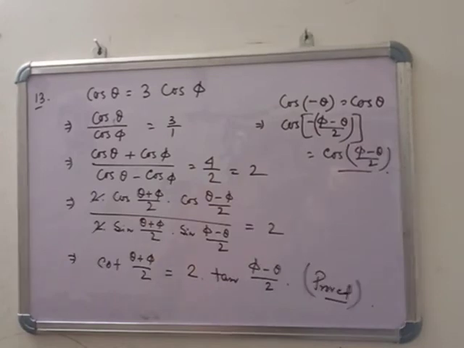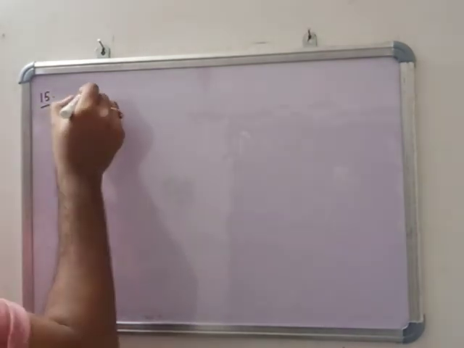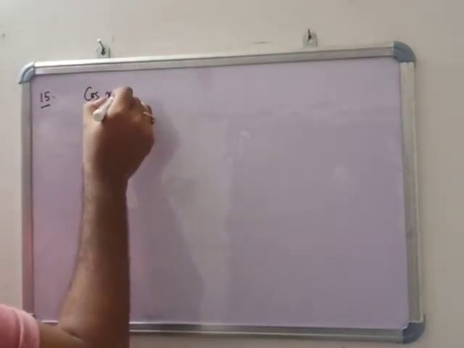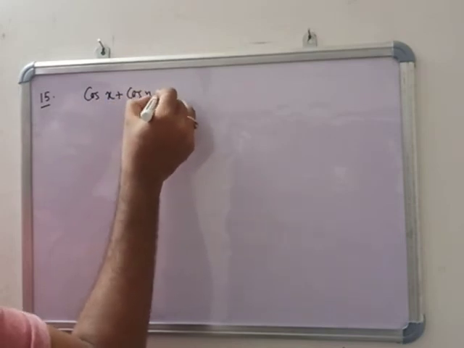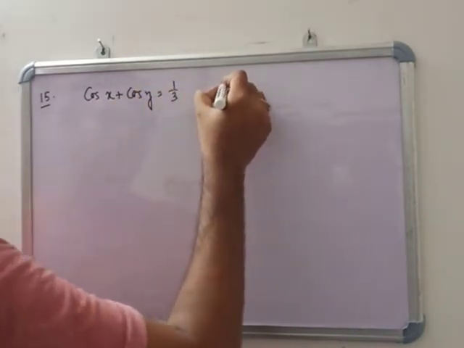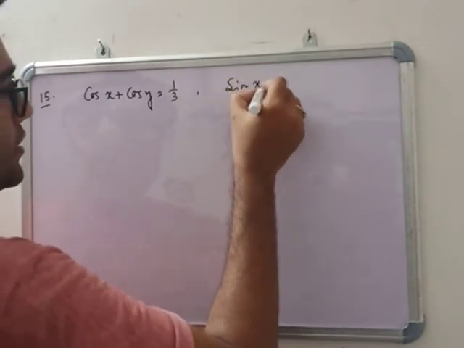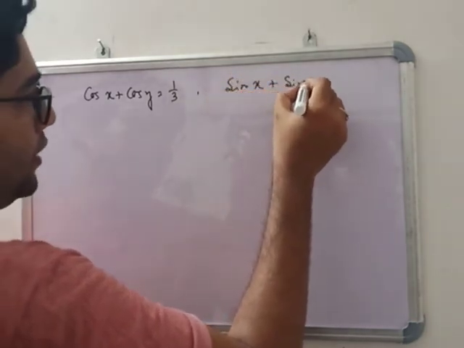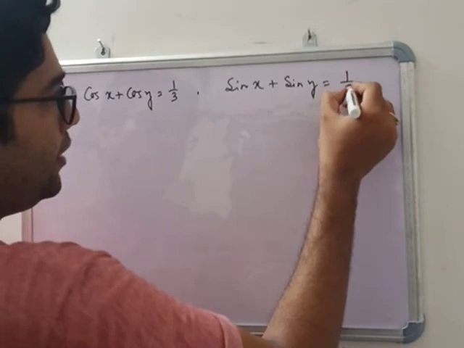Next one. In 15, see that cos of x plus cos of y equals to 1 by 3 and sine of x plus sine of y equals to 1 by 4.